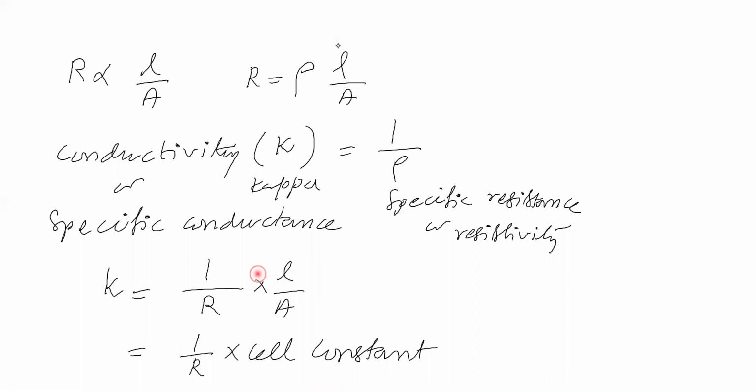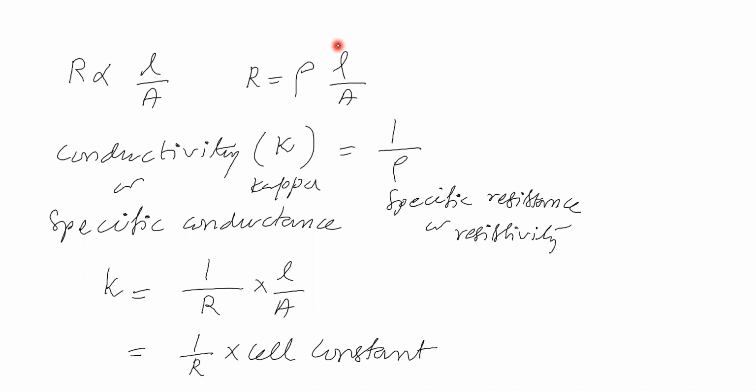L is the distance between electrodes. A is the area of cross section of the electrode. 1 by R is called conductance. This conductance into cell constant is called specific conductance or conductivity.